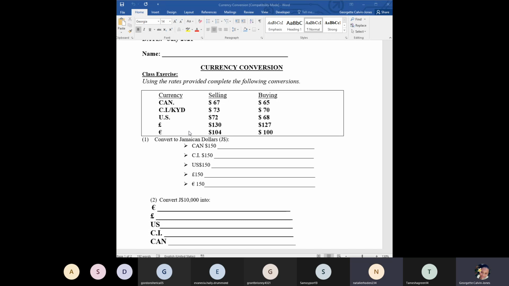So we're converting to Jamaican dollars for number one, which means we're going to do what? Buy or sell? Which rate are we using? Sell. All right, so we're using the selling rate.